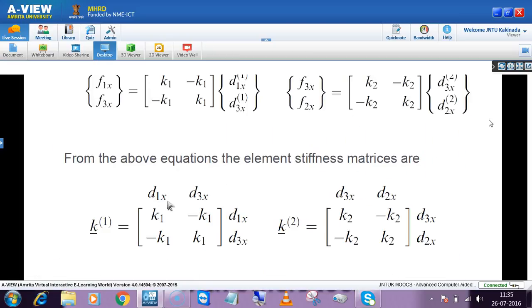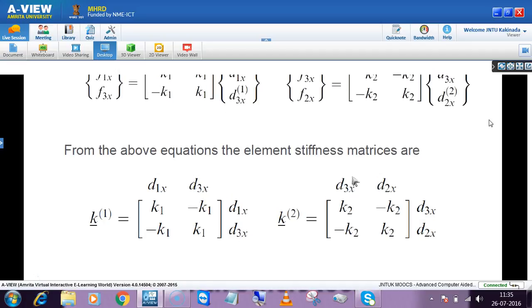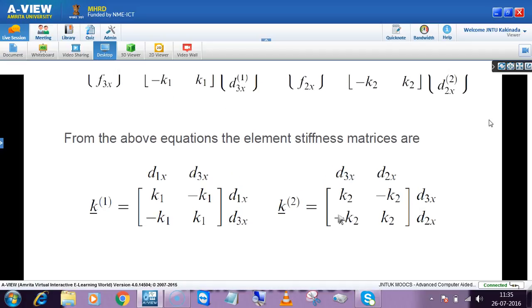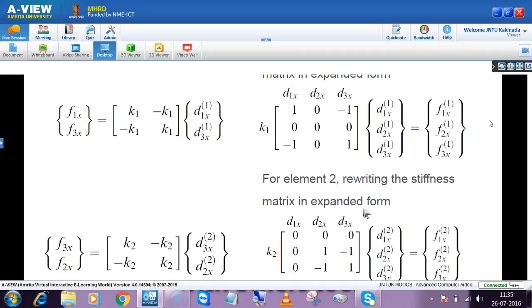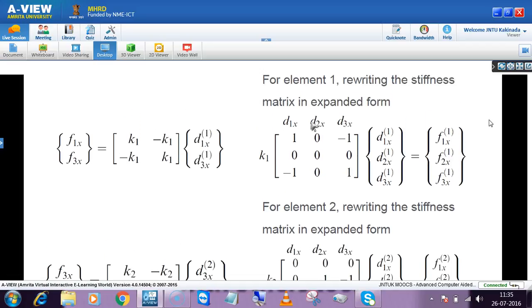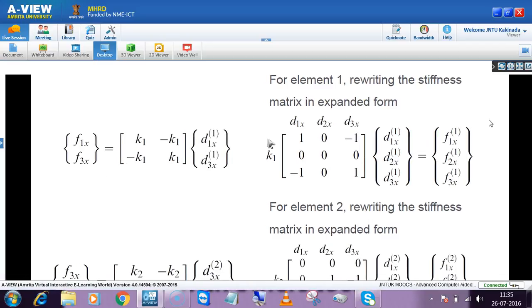So we can write d1x, d3x, d1x and d3x, and d3x, d2x. Like this we can write it, and we try to assemble. So what we can do is put d1x, d2x, d3x here, and we try to fill it. We can expand this matrix into a much bigger one.